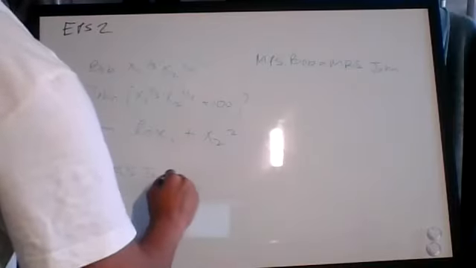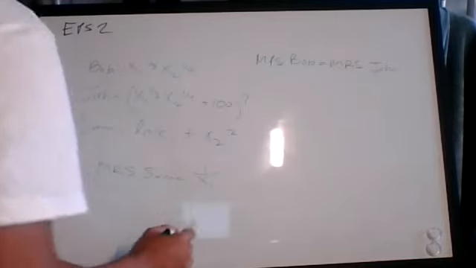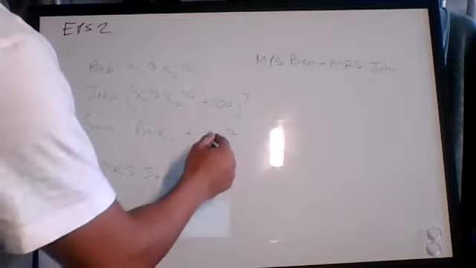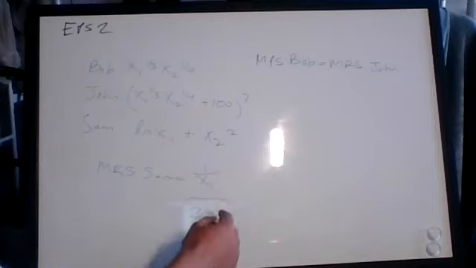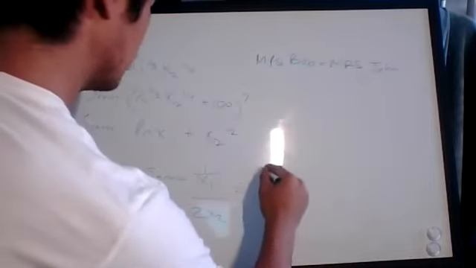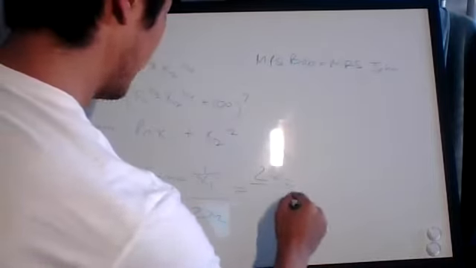Let's take a look at his MRS. The marginal utility of good 1 for Sam is 1 over x1, and the marginal utility of good 2 is 2x2, right? And so what you can do right here is multiply through by 2x2. So this can be simplified to 2x2 over x1, right?